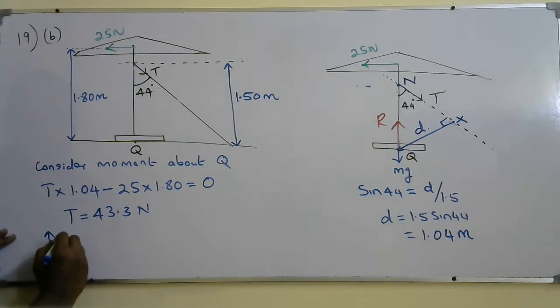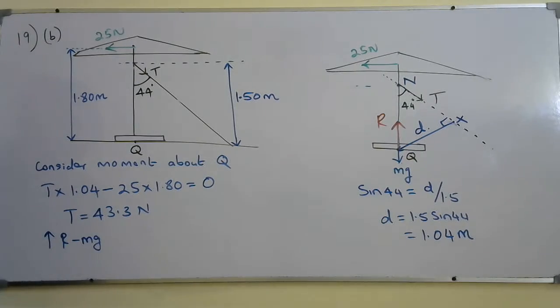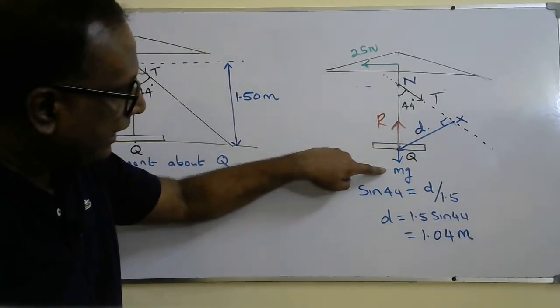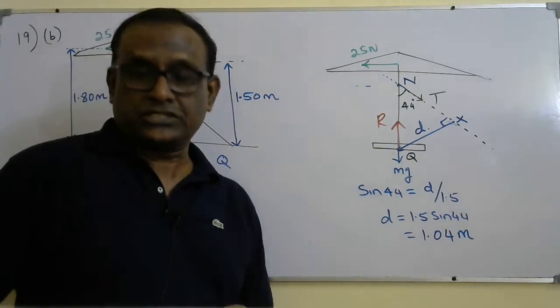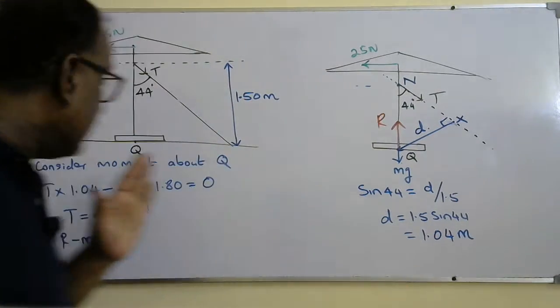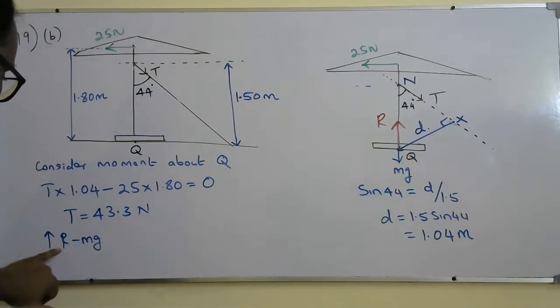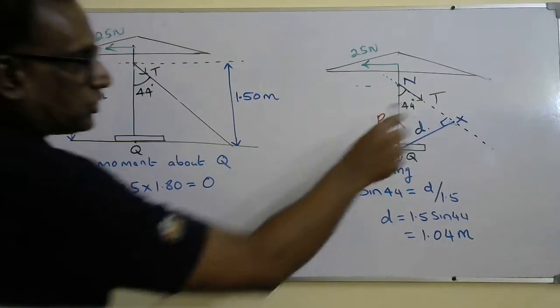So R minus mg. These are the forces acting: R, mg, T, 25. These are the four forces acting on the parasol, right? I am resolving vertically to find R. So R minus mg, and T I found.